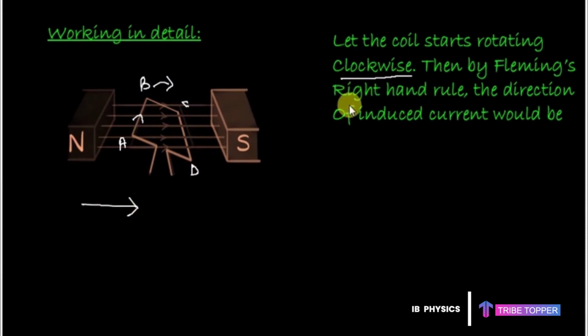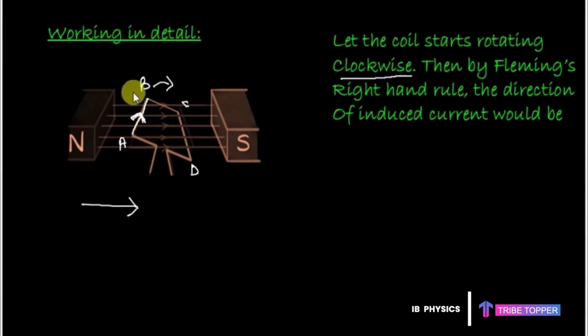According to Fleming's right hand rule, if you stretch your thumb upwards to show the movement of the coil in the clockwise direction, and the forefinger points in the direction of the magnetic field, then the middle finger, which gives the direction of current, would indicate the direction of current in arm AB to be along this direction where I have marked the arrow.